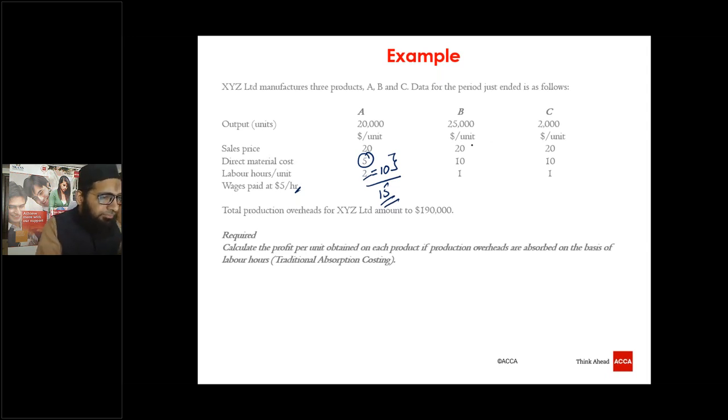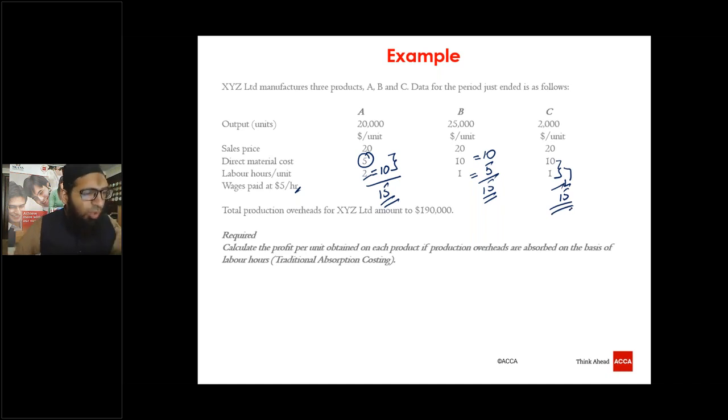Similarly, 10 plus 5, so this is also 15. And this will also be 15. But we have to include fixed overhead per unit as well.